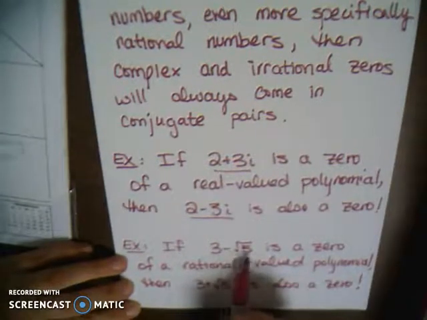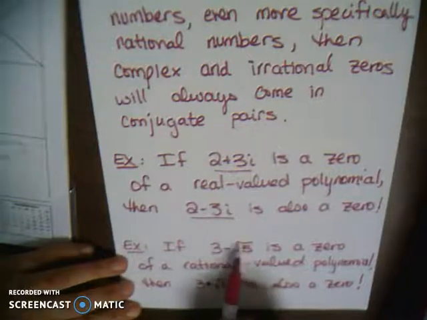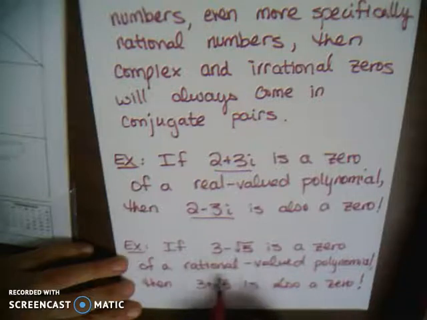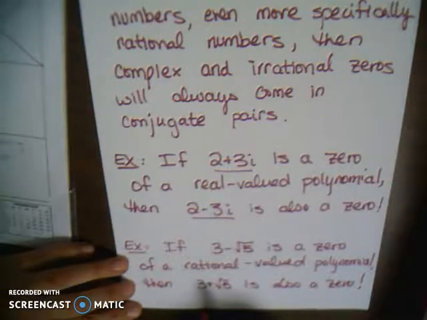So this is an irrational number. It's got square root 5, which does not simplify. And the only way to get rid of all those radicals when we multiply all these factors back out to create the polynomial is that its conjugate pair is also there, so that when they get multiplied together, the result ends up with no irrational parts to it.